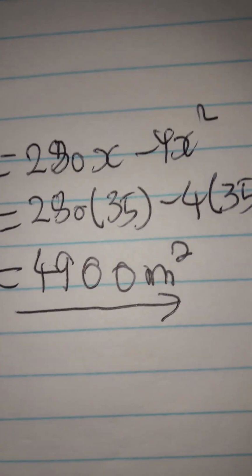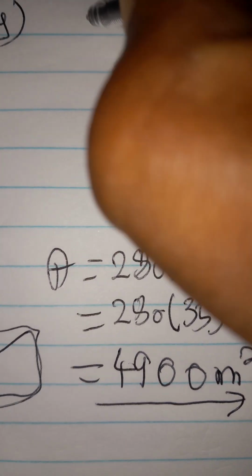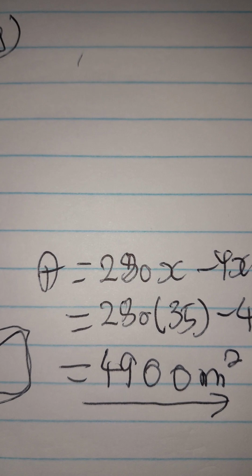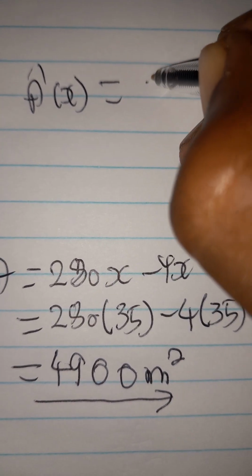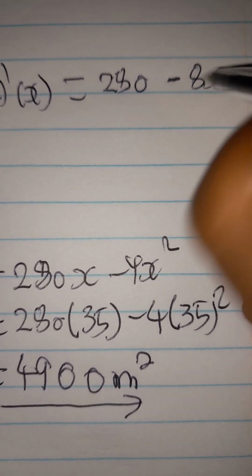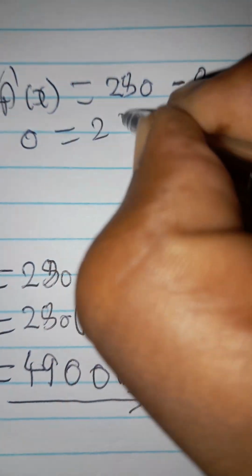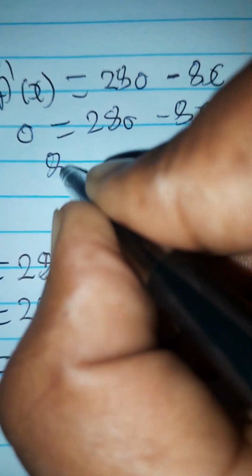Others will prefer to get the turning point. You can also derive using the derivative. If you were in grade 12, you were supposed to do it like this: the derivative, A prime of x, that will be 280 minus 8x, then we put 0 here. So you're going to have 280 minus 8x equals 0, then take negative 8x to the other side.